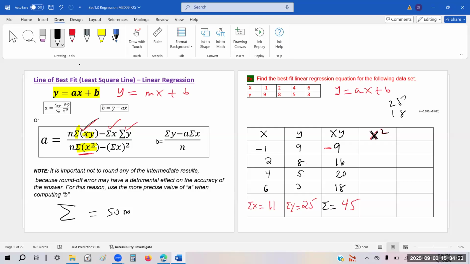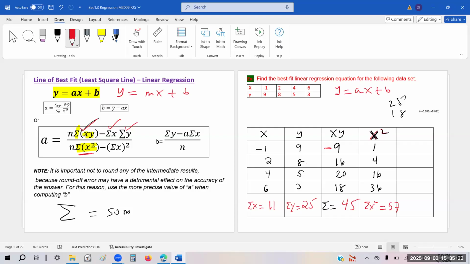That is -1 squared, +1, and then 2 squared, 4, 4 squared, 6 squared, 36. And it says now add all of them. Sum of x squared. How much? 57. I'm trusting him. You guys check. Is it 57?